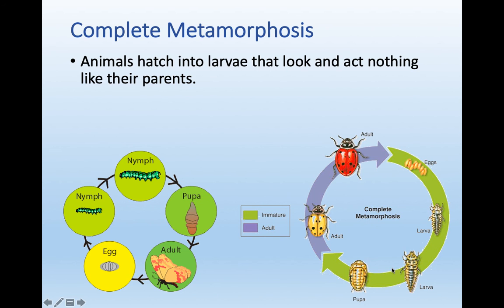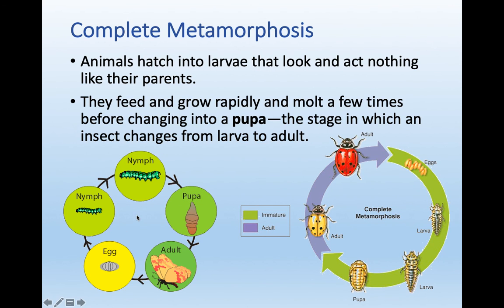Okay, here we have a ladybird, for example. That's a good example. Butterflies fall under this category as well, as you can see over here. Okay, so what ends up happening is after they hatch out of their egg, they have these nymph stages, or larva stages is another name for them, where it's kind of similar to the way an incomplete metamorphosis is.